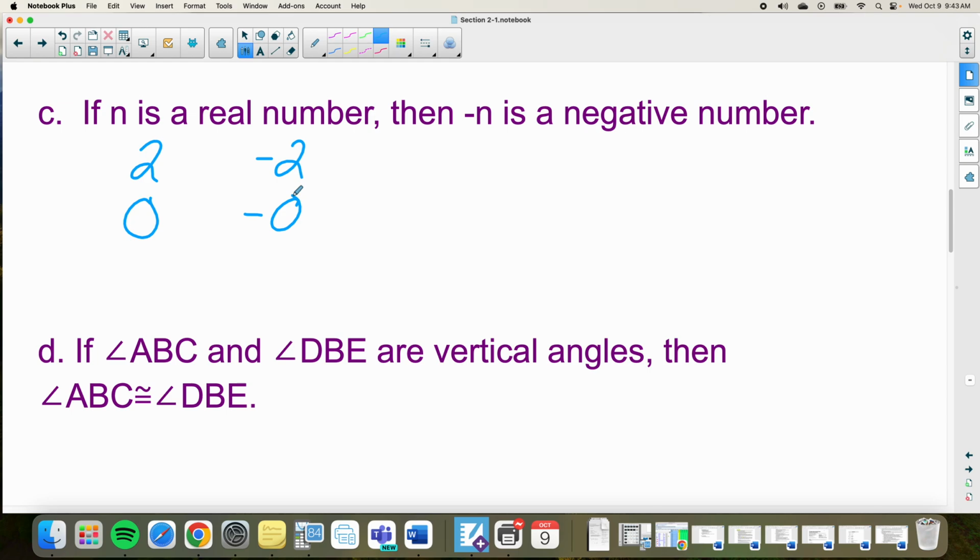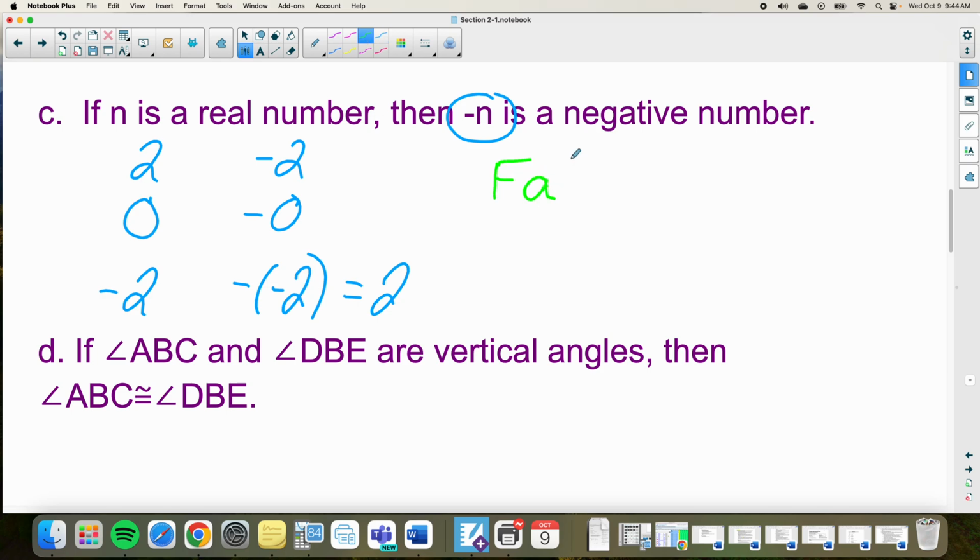There's really not, okay? If we tried negative 2, what's negative a negative 2? A positive 2. So is that a counterexample right there, right? Because I put in a negative number, and when I did the opposite of it, I got a positive number. So I'm going to write false, and then I always have to give a counterexample, which is right here.